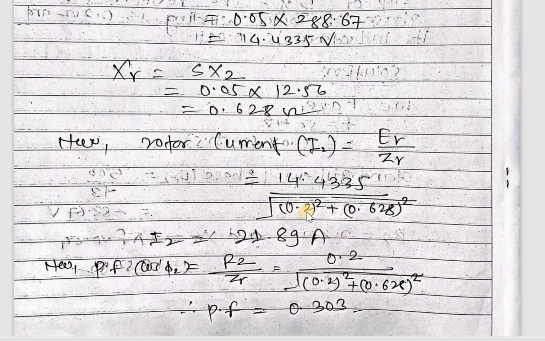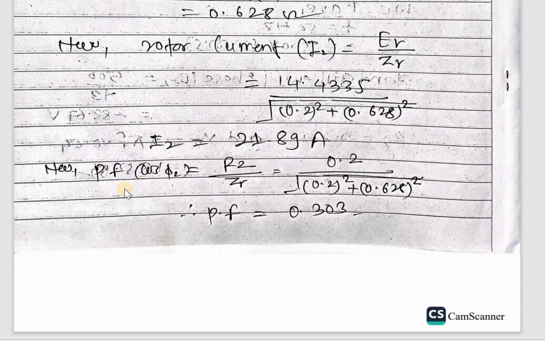So the value of R is 0.2 and the value of Xr is 0.628. Then you can get I2 equal to 21.8189 ampere. Now power factor equal to R2 upon the impedance Zr, that is R2 upon root under R2 square plus Xr square. Then you can get power factor equal to 0.303.